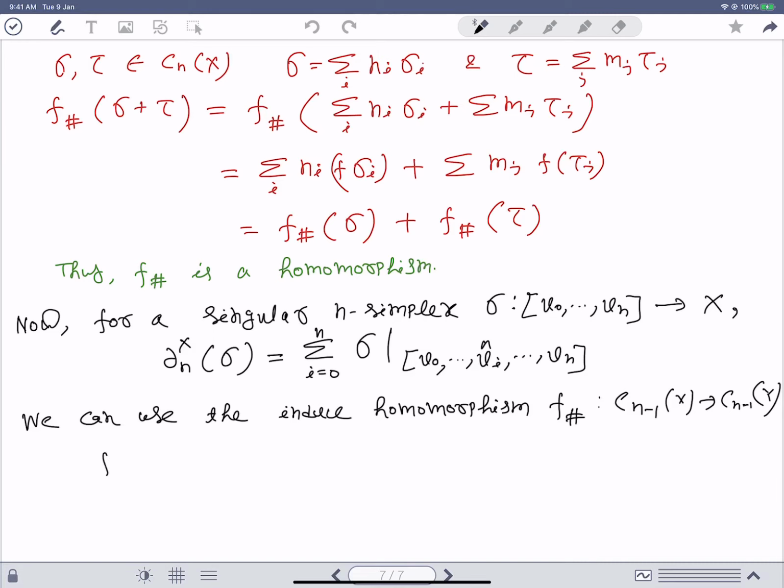So f hatch of del n x sigma equals f hatch of summation i equal to 0 to n sigma restricted over this.